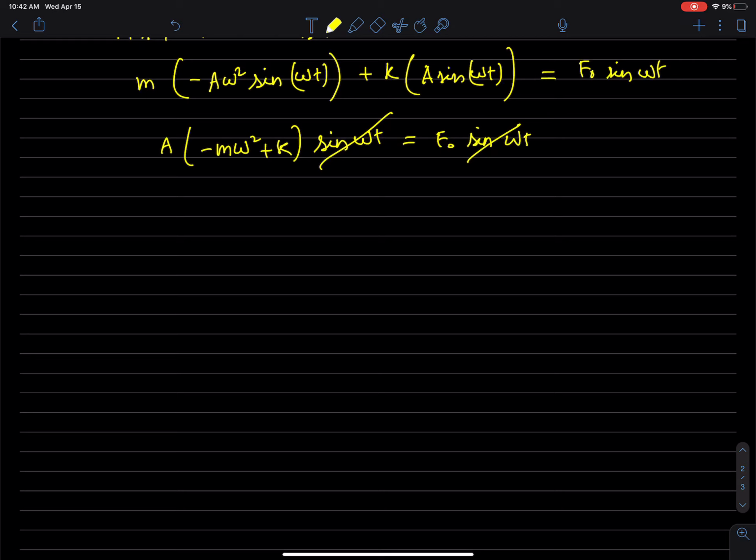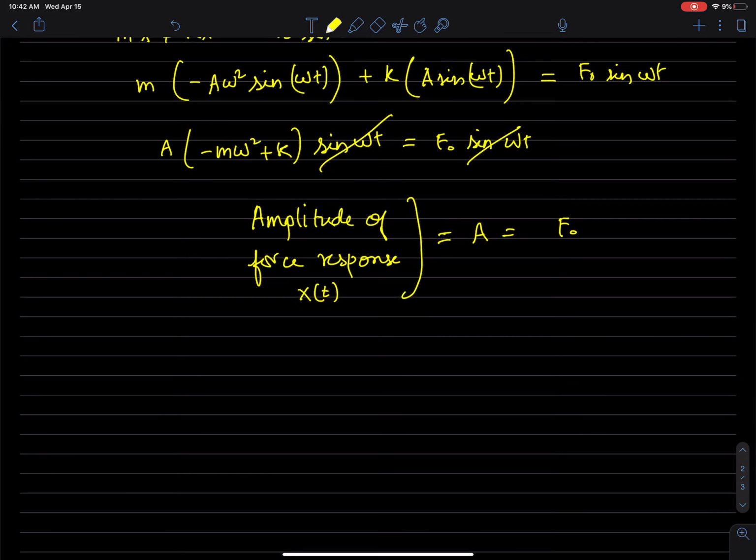So what we have is the amplitude of forced vibration, forced response, is basically a equals f naught, namely the amplitude of the forcing function, divided by k minus m omega square. Okay, so that's the expression.